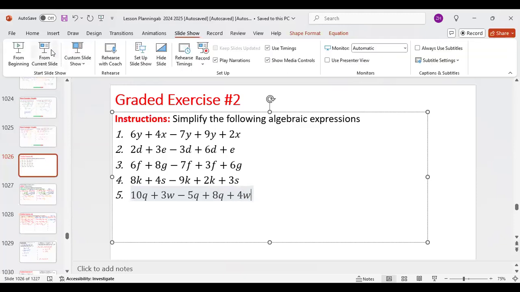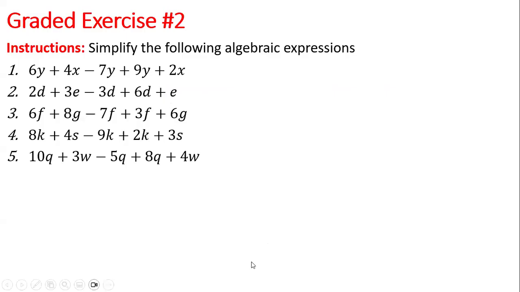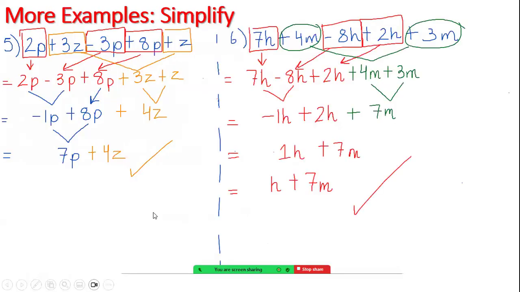All right, just those 5 that I want us to do. I want you to actually do this one in your book. So you want to do this in your book. Again, I want you to do this in your book for me. Oh, yes. This is the previous one. Quickly take a picture of that for those of you who don't know how to do the other one. All right. You got it?